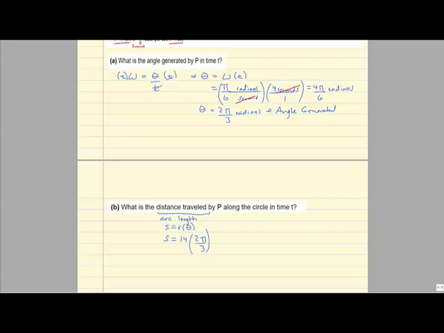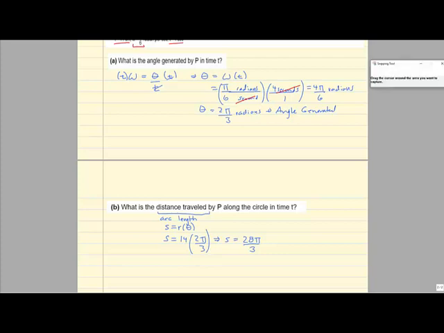If we multiply those, we end up with arc length 28 pi over 3. And that is the distance traveled by the point along the circle. So that's part B.